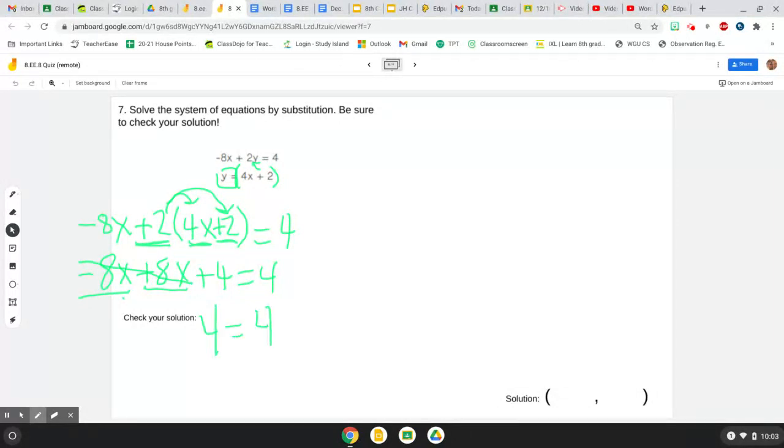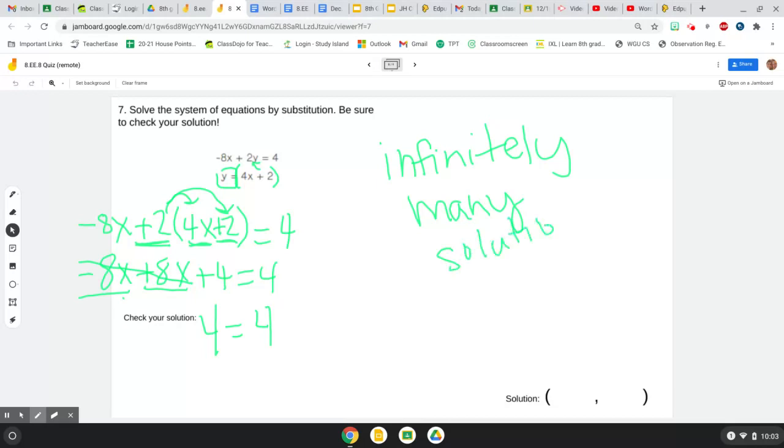What kind of situation is a 4 equals 4? Yeah, it's going to be infinitely many. So in this case, infinitely many solutions is your correct answer.